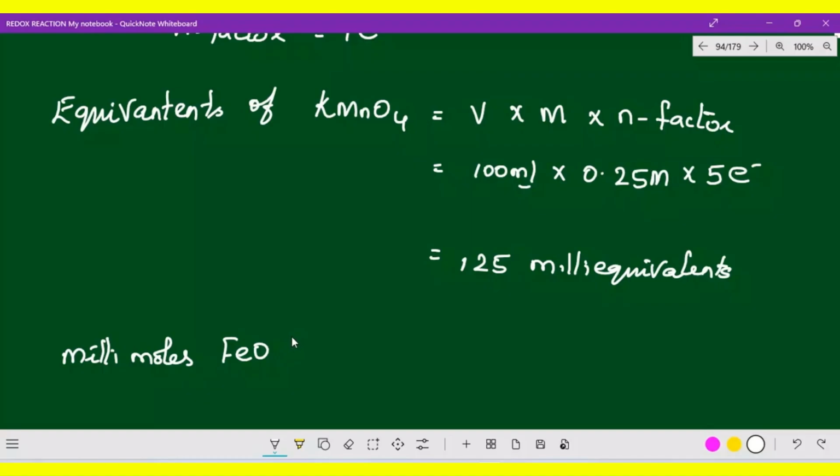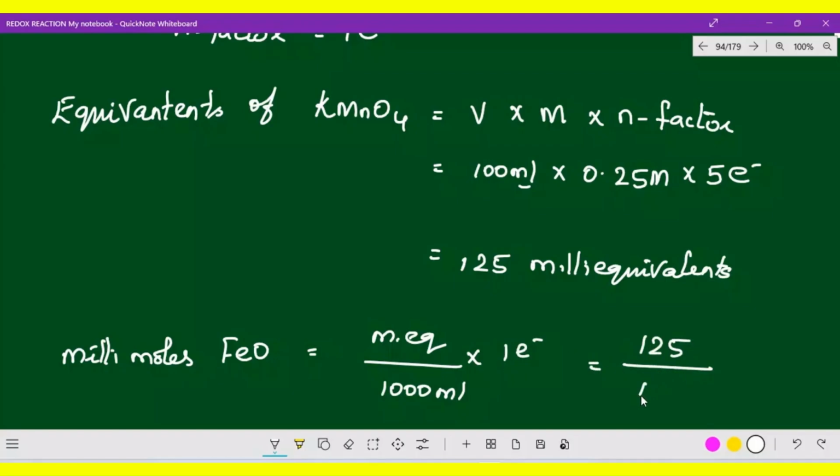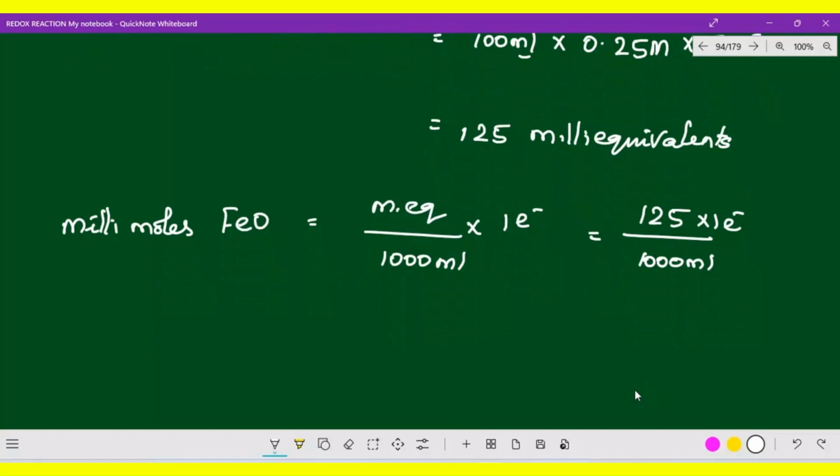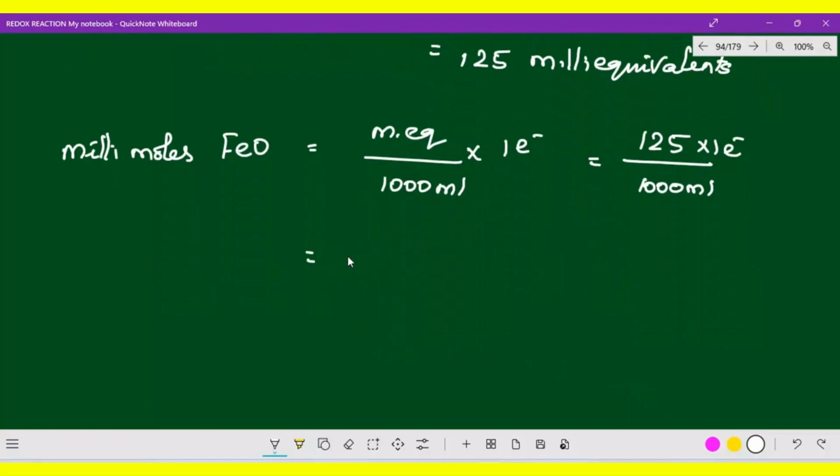So how do we identify it? Milli equivalents divided by the volume of the solution, that is 1000 ml, into the n factor of FeO, where Fe2+ is converted to Fe3+, so that is 1 electron. So 125 divided by 1000 into 1. You will be getting 0.125 mole. This is the moles of FeO, right?